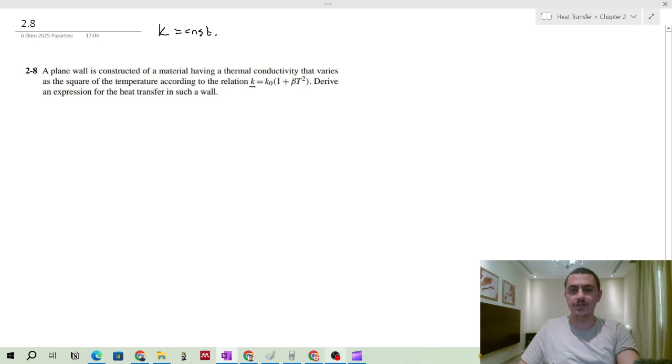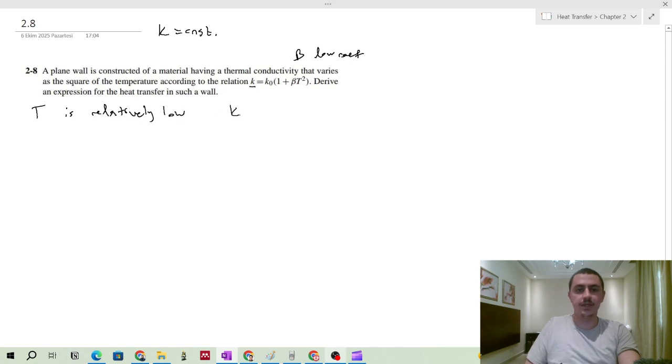But if you see that beta is a low coefficient, okay, low coefficient. So when the temperature is not too high, relatively low, you get K equals K0 times 1 plus beta T squared, where 1 is much bigger than beta T squared.